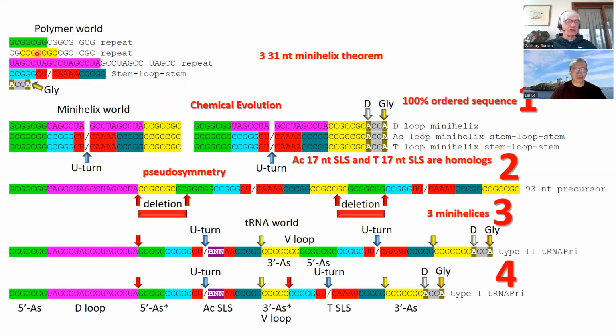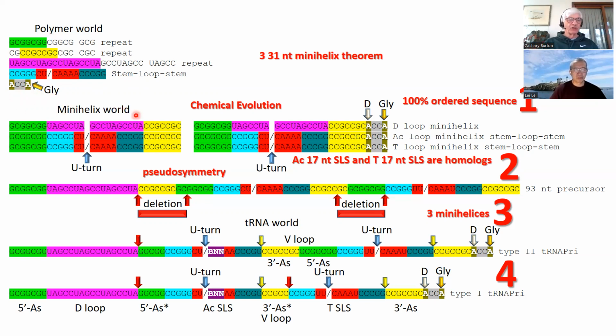So in polymer world, among other things, there were GCG repeats, CGC repeats, UAGCC repeats, and stem loop stems with these stem sequences and something very close to that loop sequence. And there was also a primitive adapter for attaching an amino acid. That was an ACCA sequence.